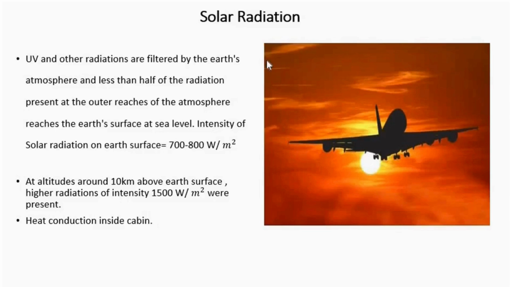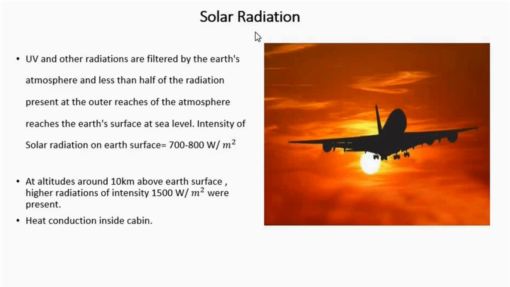Another cause to consider for the aircraft cooling process is solar radiation. We are aware that ultraviolet and other radiations are filtered by Earth's atmosphere, and less than half of the radiation present at the outer atmosphere in a troposphere region reaches the Earth's surface at sea level.